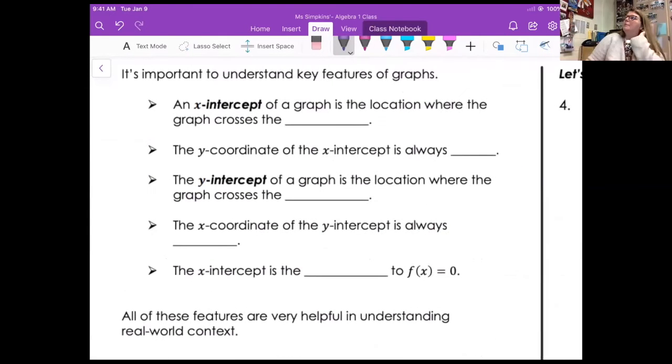Okay, so before we look at some graphs, we're going to look at some vocabulary words real quick. So x-intercept. You don't have to know what it is. I'm just curious if anybody does. Can you use more words than this?